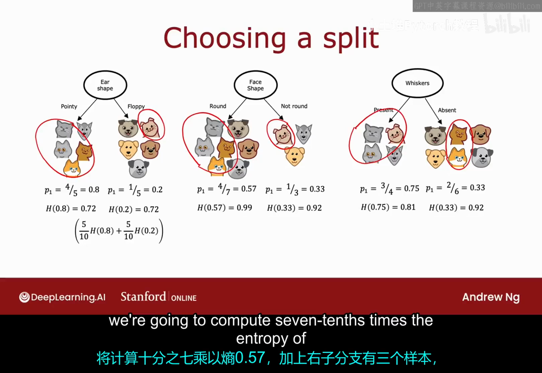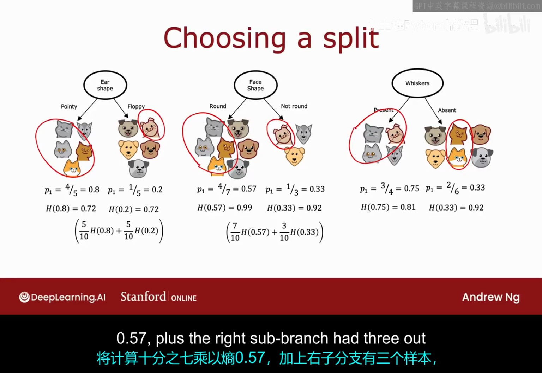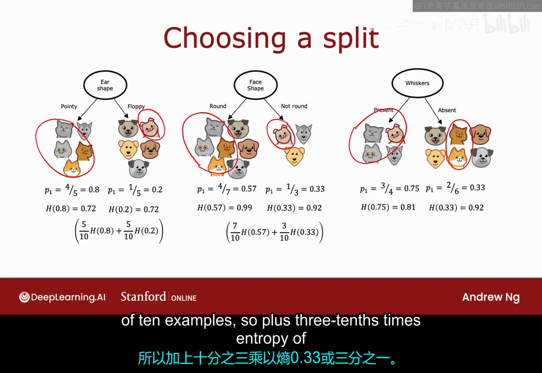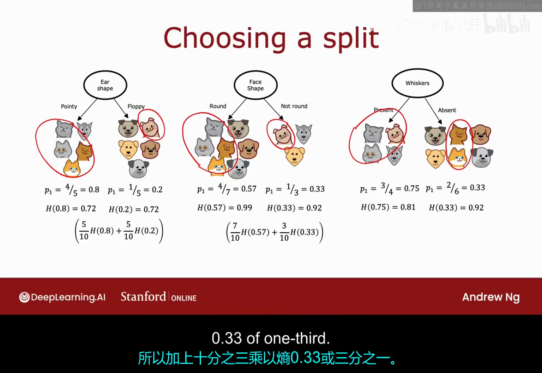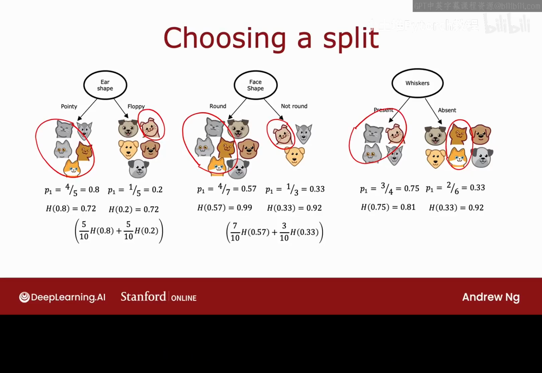Now, for this example in the middle, the left sub-branch had received 7 out of 10 examples, and so we're going to compute 7/10 times the entropy of 0.57, plus the right sub-branch had 3 out of 10 examples, so plus 3/10 times the entropy of 0.33, or 1/3.